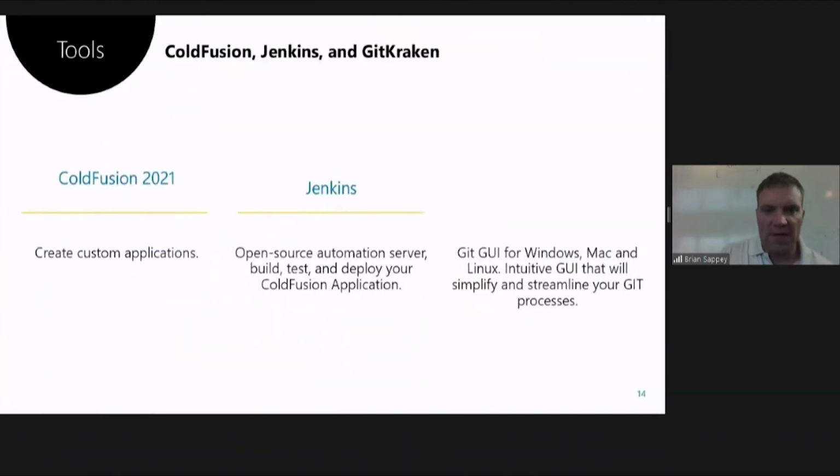So the tools I want to cover here, obviously this is a ColdFusion conference, so we're going to roll with ColdFusion 2021 as the application development environment or platform. And I'll have a couple of little sample blocks of code that I'll write. We'll make some changes into a couple of different deployments through the process. But again, Jenkins is open source, no cost, and it's a pretty easy thing to get up and running even locally.